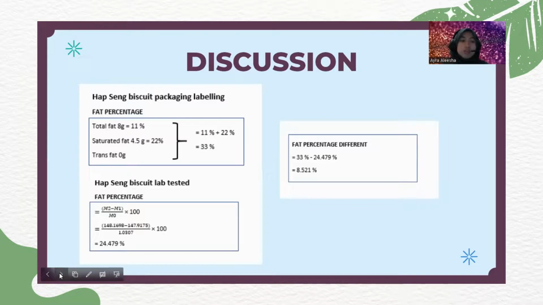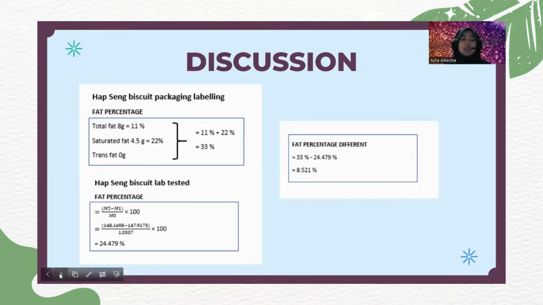Below the calculation we can see the Hapsen biscuit lab tested, which our group conducted in the lab. For the fat percentage in the lab, we use the formula M2 minus M1 divided by M0 times 100. So we got 148.1698 minus 147.9175, divided by 1.0307, times 100.